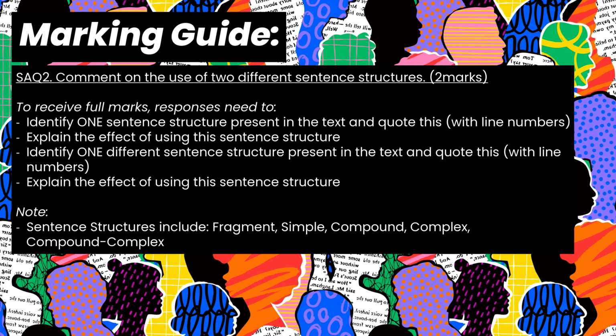Now, like I said earlier, sentence structures include fragment sentences, simple sentences, compound sentences, complex sentences, and compound complex sentences. So you've got a couple of options to choose from when you're thinking about what metalanguage you're going to apply to this question. Let's have a look at a sample response together.